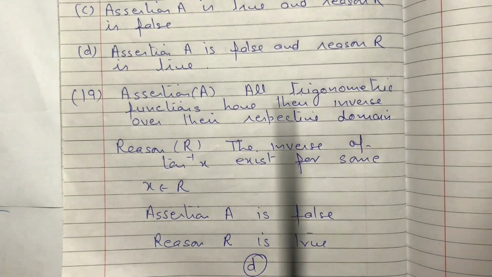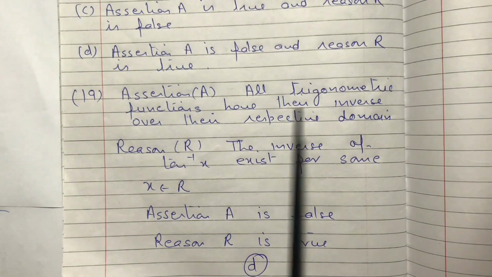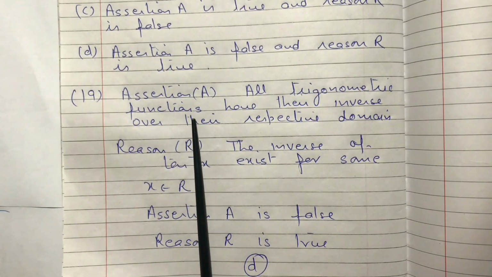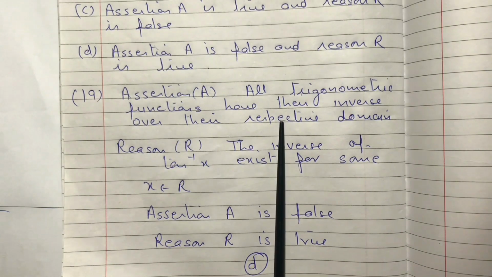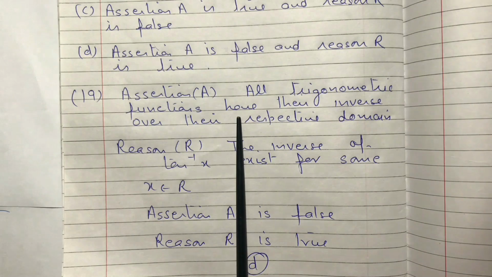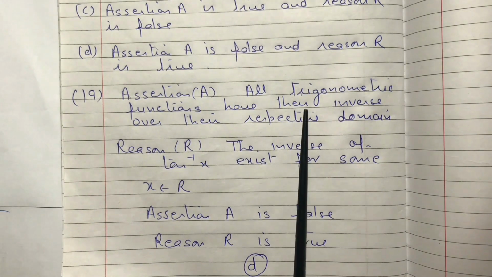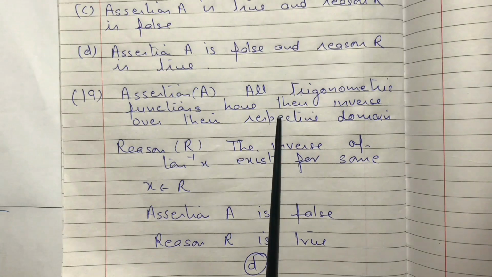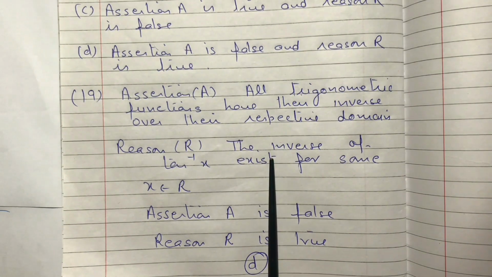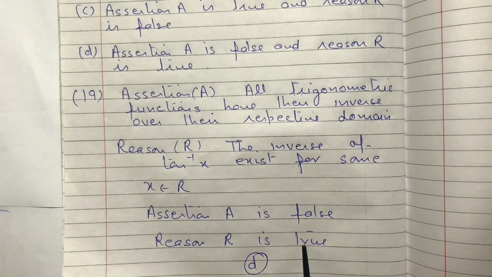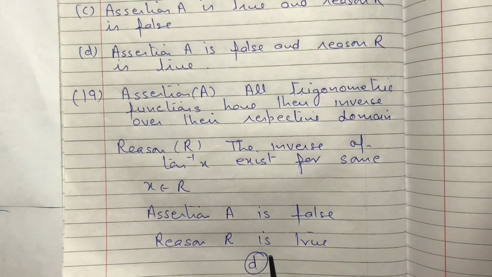All trigonometric functions are periodic in their domain and they are not 1-1, they are many-one functions, and so since they are not 1-1, they don't have their inverse. That's why it's a false statement and this is a true statement. So assertion A is false, reason R is true, and so its option is D.